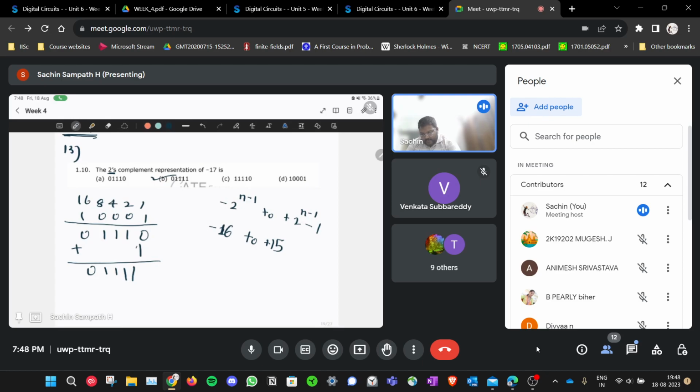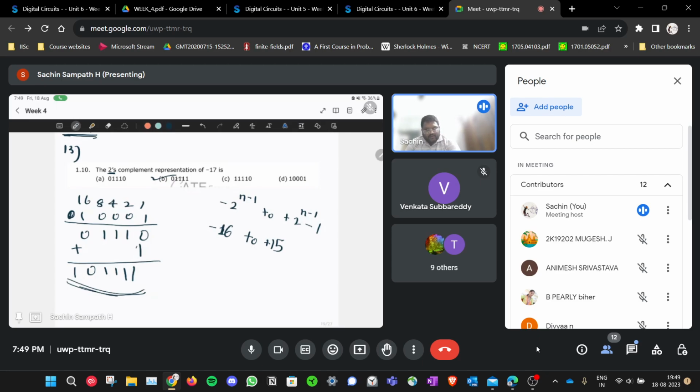For 2's complement representation of minus 17, you'll have to take one more bit, 6 bits. Then you'll get 1 0 1 1 1 1. So this will be minus 17. Since none of the options matches the correct answer, you only have to think what the examiner might have thought. They just took 17 and did 2's complement.